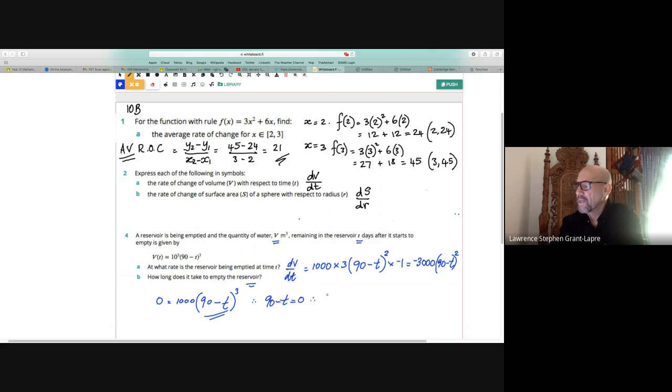Therefore, at t equals 90 days. How long will it take to empty the reservoir? It will take 90 days.